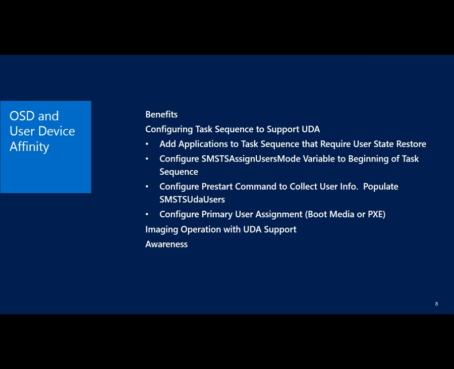So by using UDA, you are implying that you want to configure user-based targeting and support for application deployment in Config Manager. Well, if you have Betty in this case, and she's in a number of collections that have applications and things targeted to her, by setting the variable for Betty to be known by the task sequence, SMSTSUDAUsers, at the end of the task sequence, you won't even see it really.